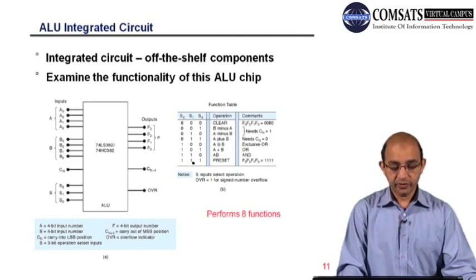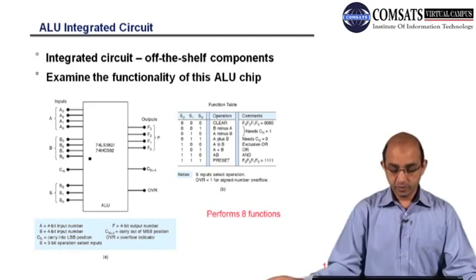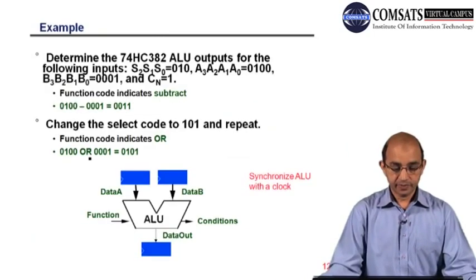And for all ones, we will be having preset. So preset means all the output bits have to be 1, 1, 1. So in total we have 8 different functions. So that ALU IC can perform 8 distinct operations or functions.